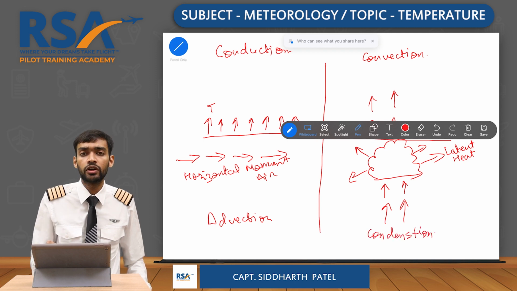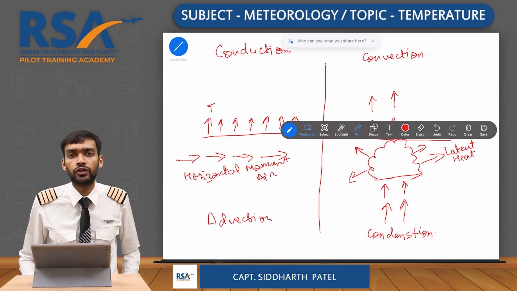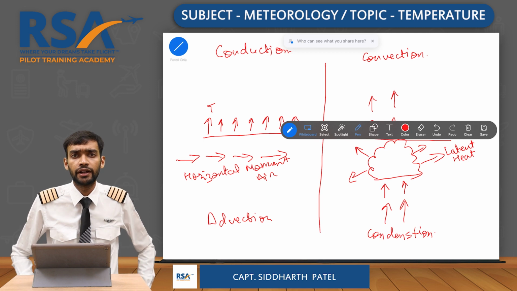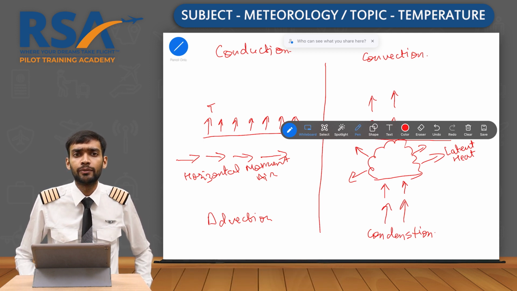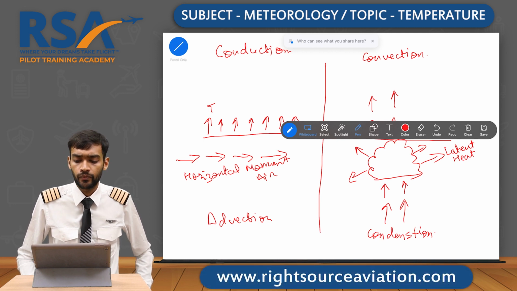So these are the 4 ways through which our atmosphere is getting heated up. I want you to draw this diagram on the left hand side of the book, so that at least you remember those diagrams, which is important for meteorology to understand the future chapters.